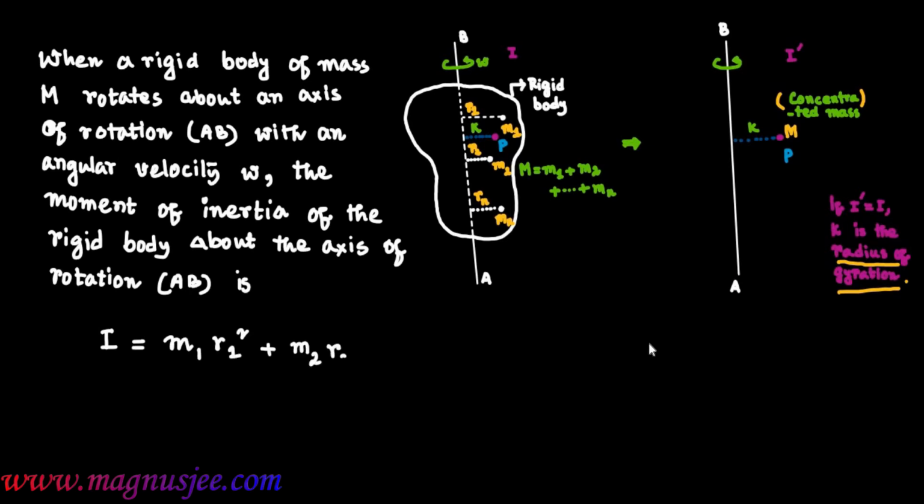That means I equals M1 R1 square plus M2 R2 square plus dot dot dot plus Mn Rn square.